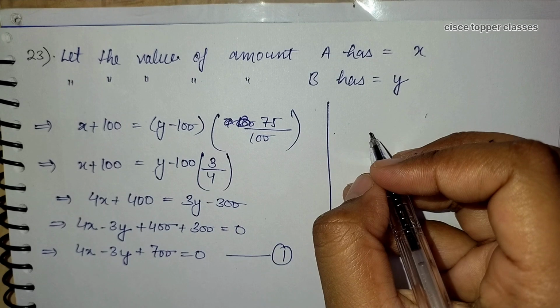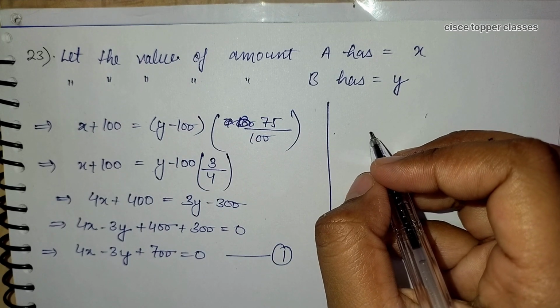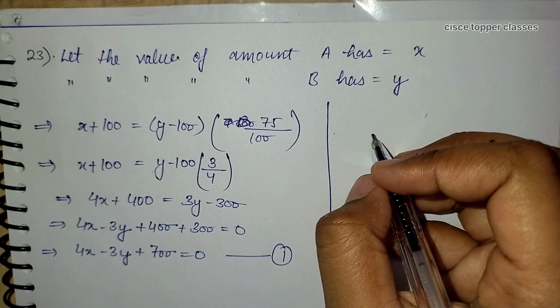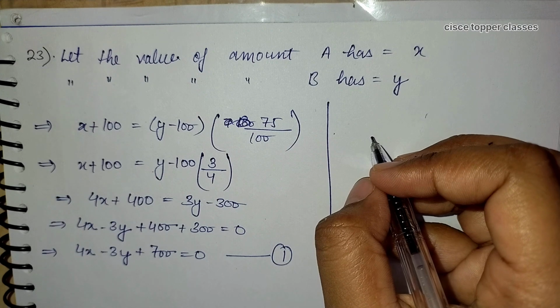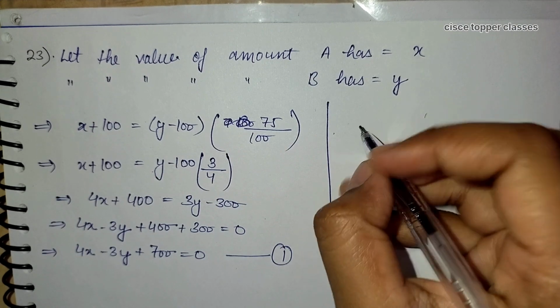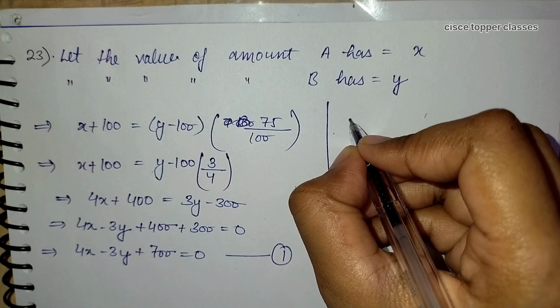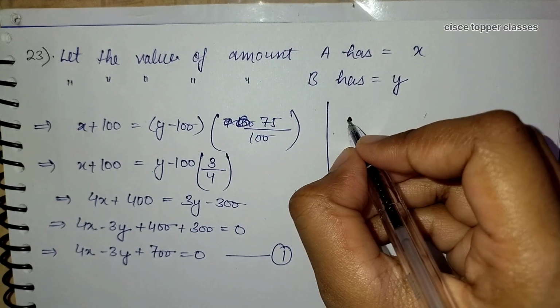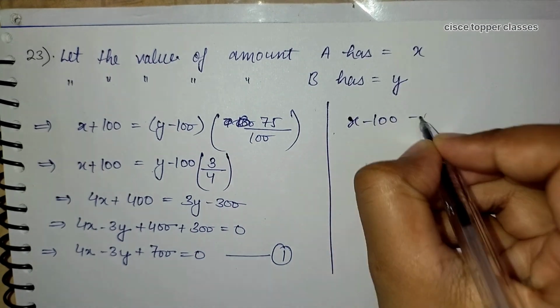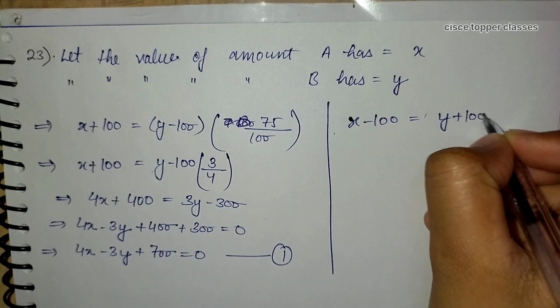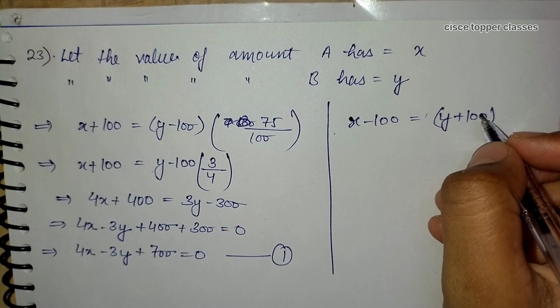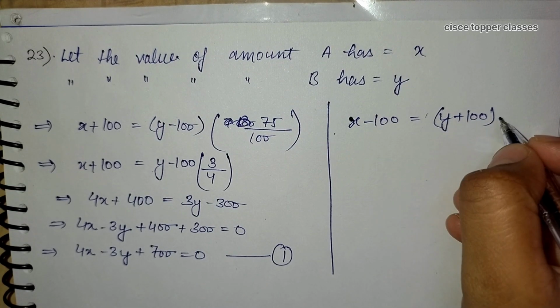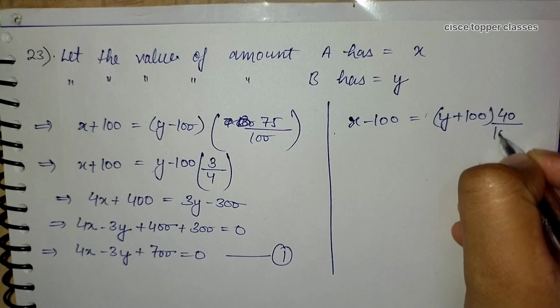Now the second part says that if B said to A, instead if you give me 100 rupees, your money will become 40% of my money. If A gives 100, it means X minus 100 and Y plus 100, and it becomes 40% of B's value, so it will be 40 divided by 100.